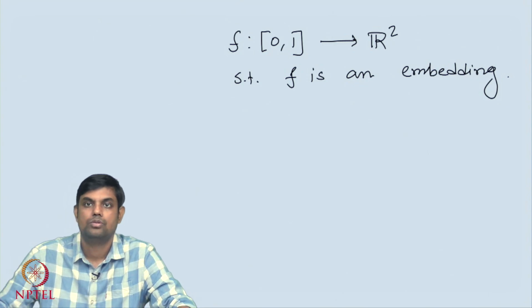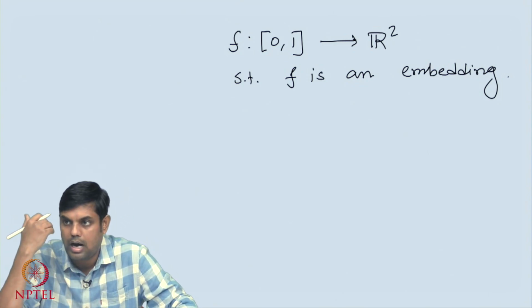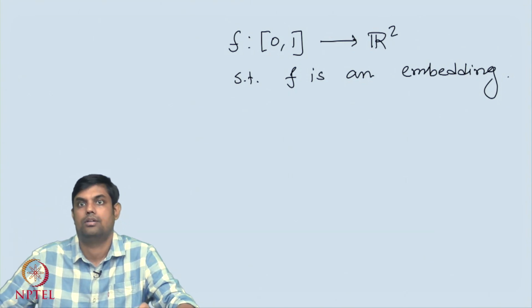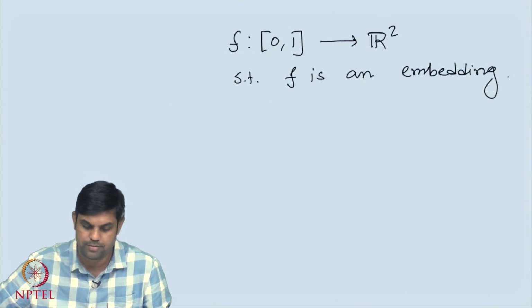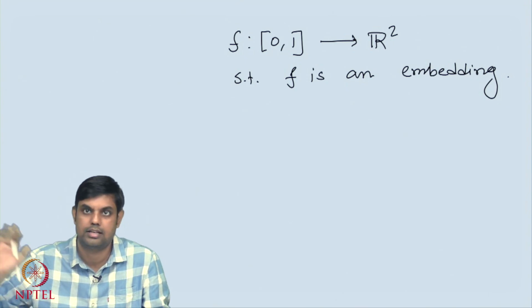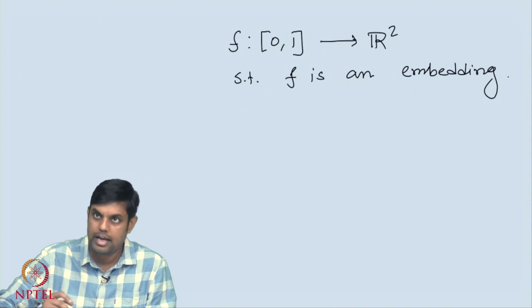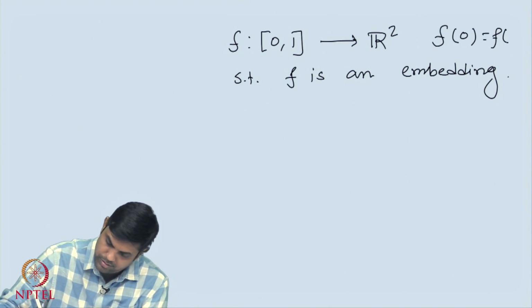If it is an embedding, it is continuous and, on the image, a homeomorphism. It is a continuous injection and all those things. So, f is an embedding, and f(0) equals f(1).